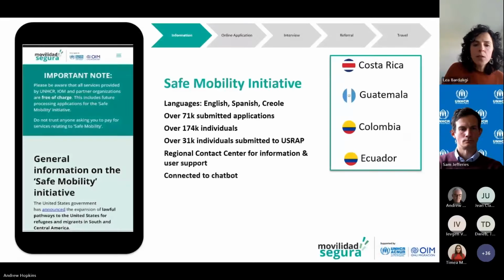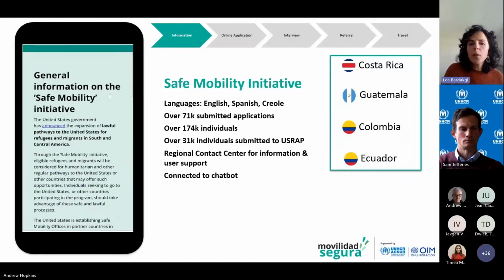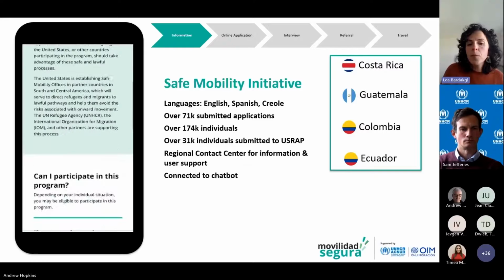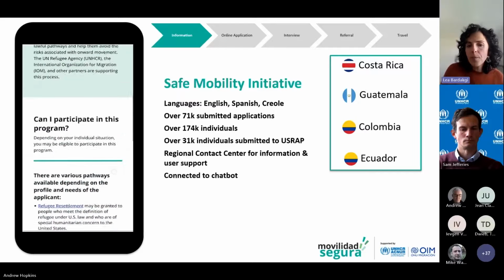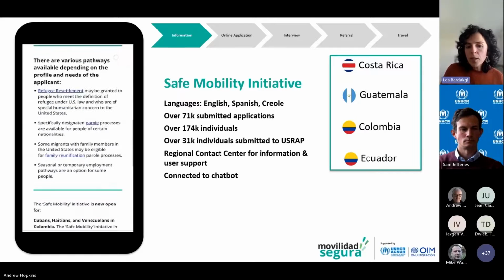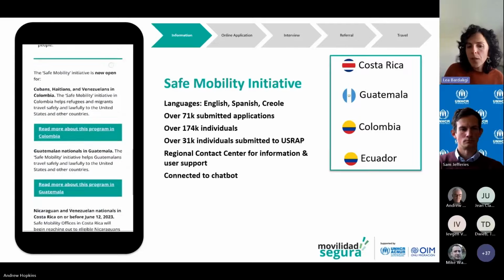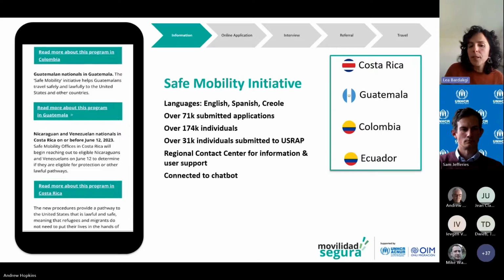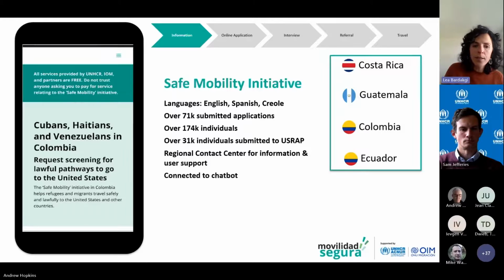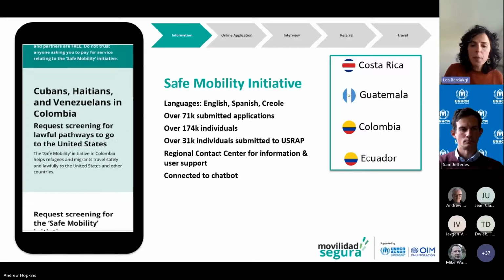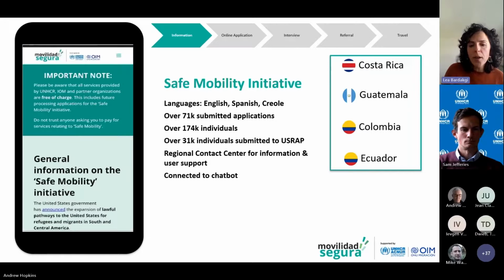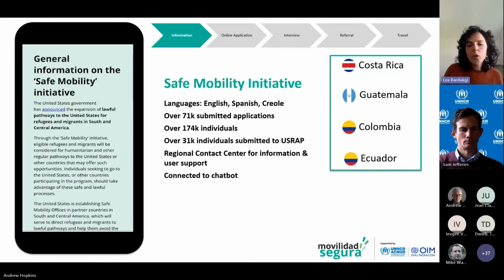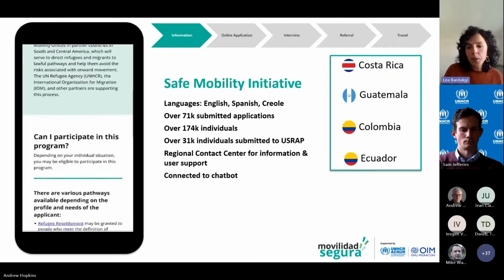Next, please. So where this was rolled out was part of the Safe Mobility Initiative. This initiative was at the request of the US government to expand lawful pathways to the United States for refugees and migrants in Latin America. So UNHCR partnered up with IOM and supported the launch of the Safe Mobility portals.